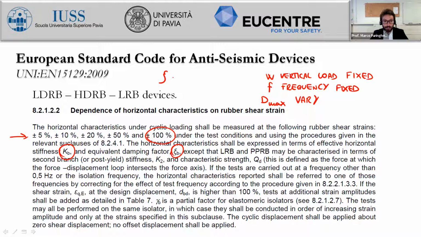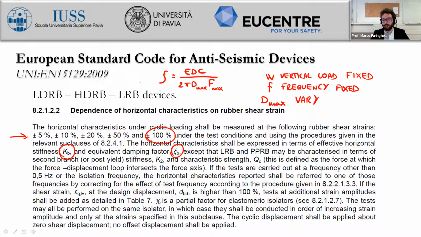The equivalent viscous damping is equal to the EDC, the energy dissipated per cycle, so the hysteresis area, divided by 2 pi times the maximum displacement and maximum force. Okay, this is the Jacobsen formulation. We have seen how to derive it.